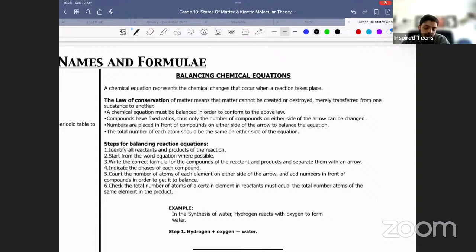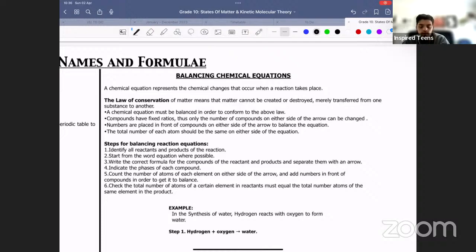A chemical equation must be balanced in order to obey the above law. Compounds have fixed ratios, thus only the number of compounds on either side of the arrow can be changed. Numbers are placed in front of the compounds on either side of the arrow to balance the equation. The total number of each atom should be the same on either side of the equation.